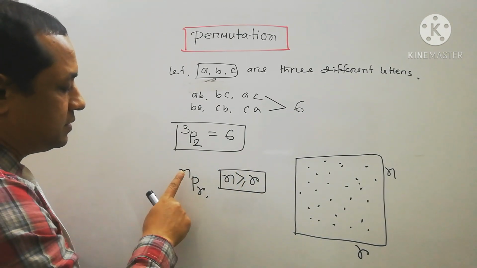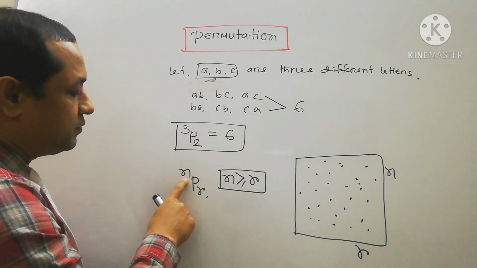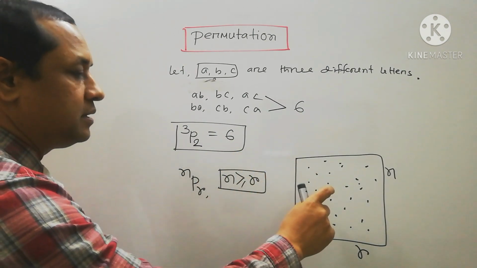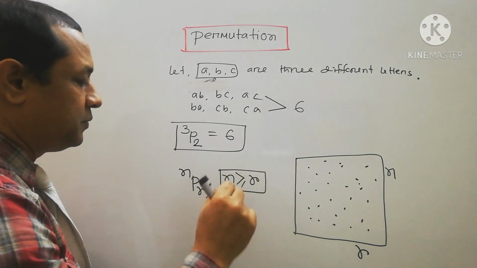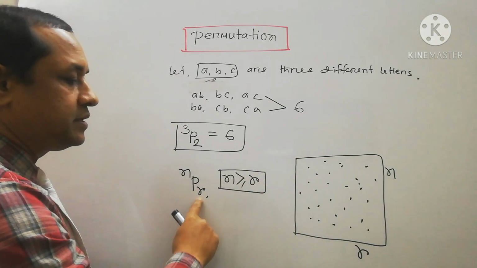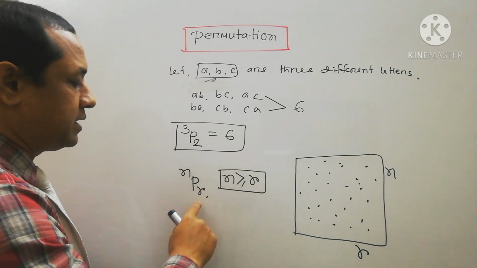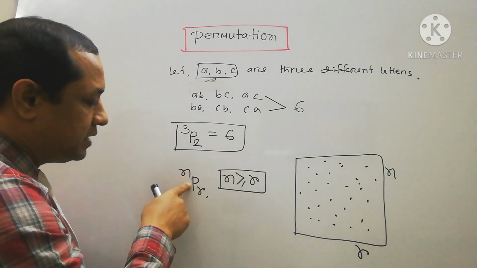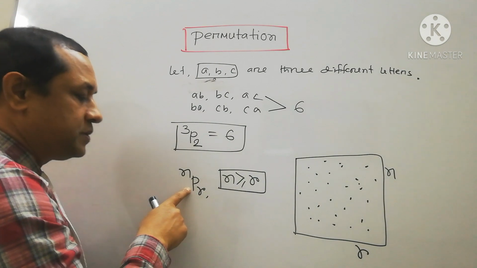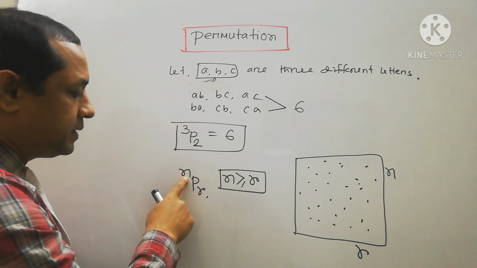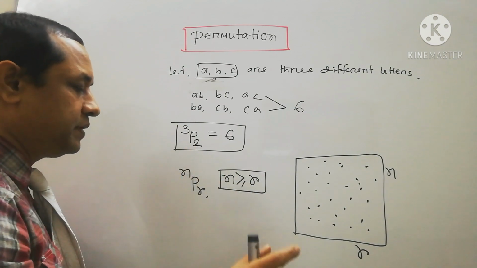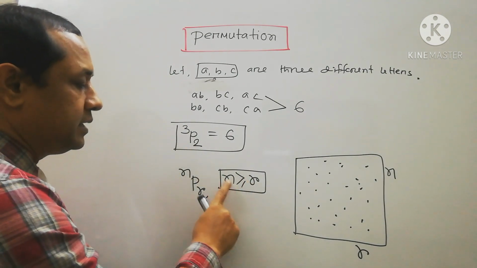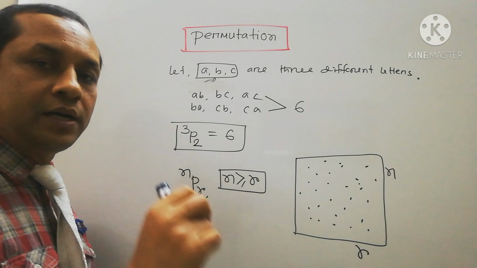nPr means total different number of balls. There are n different balls in this box and we take r different balls at a time. So we can write nPr. P is permutation. It is denoted by nPr. Here n and r are positive integers and n is greater than or equal to r.